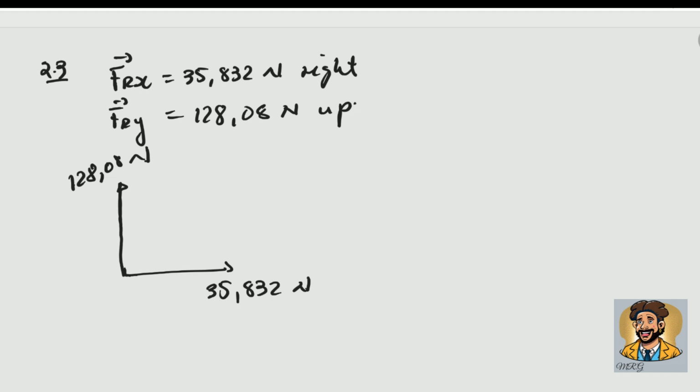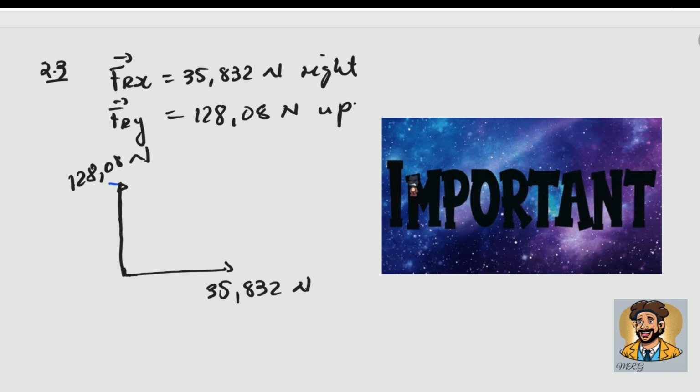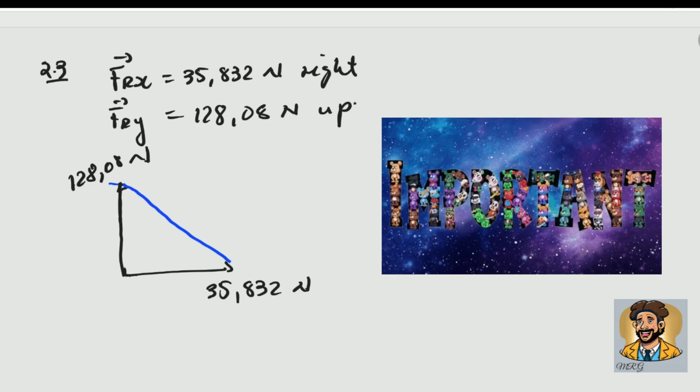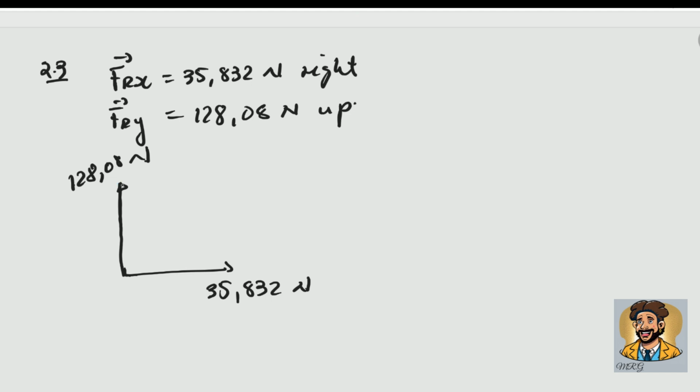Well, the resultant, and guys, be careful. I often see that children attempt to do this one. That is wrong. You don't do that. That is completely wrong. You have to draw a parallel line to each of them. You take your ruler and draw a parallel line to each of them. The resultant is the force going from the tail of both of them to the head of both of them. This one is the resultant, FR, from both of those vectors.